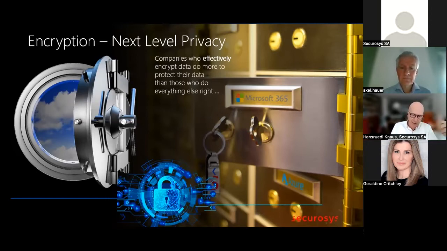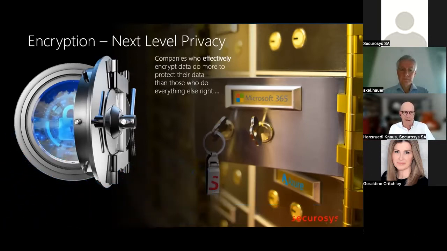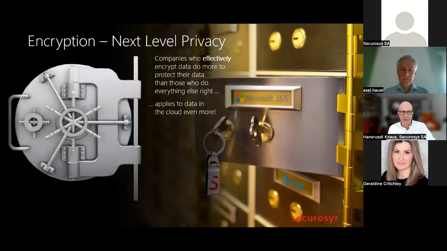So you add your own encryption to the basic encryption of Microsoft, and then it's just like the bank deposit box we know from the paper times. One key with us, one key with Microsoft, and then we have a situation where we can say this is reliable. We have our encryption in the cloud, and we can close the box.